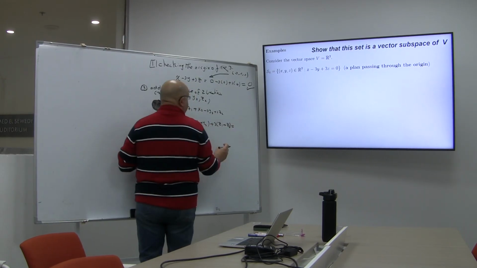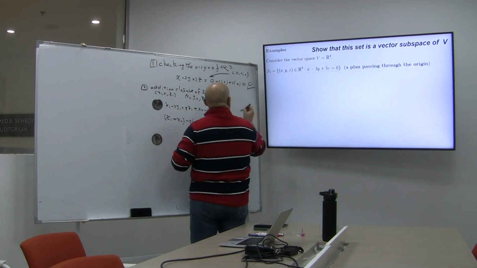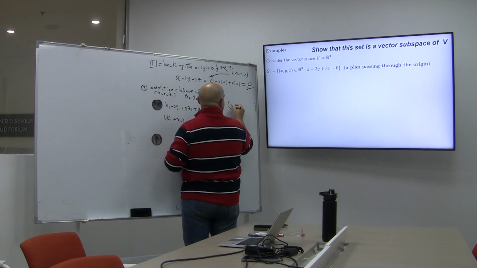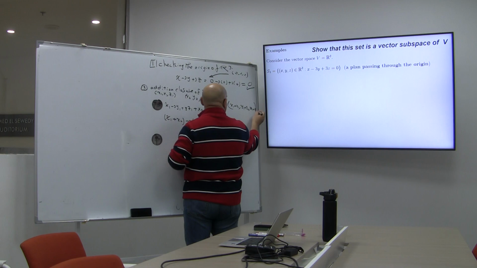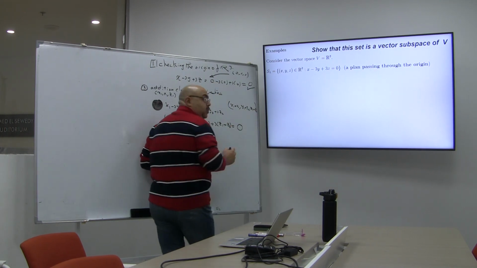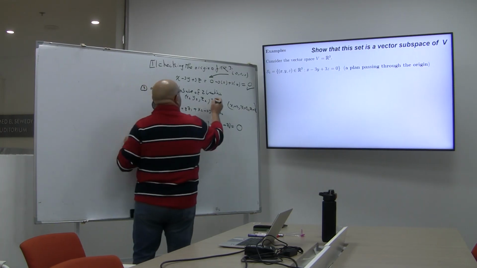This is exactly like substituting in this equation by the value of x1 plus x2, y1 plus y2, z1 plus z2, and so the result will equal 0. Okay? So that's the addition closure.